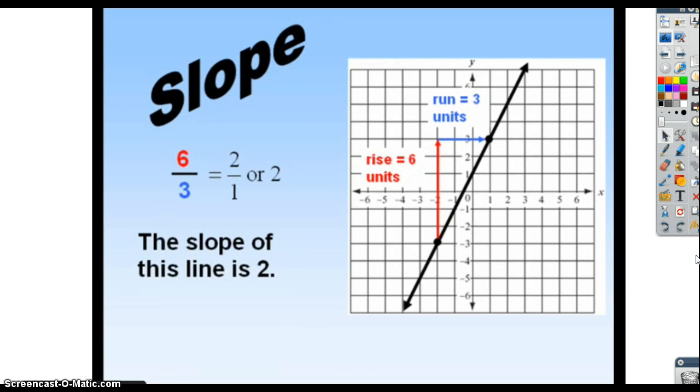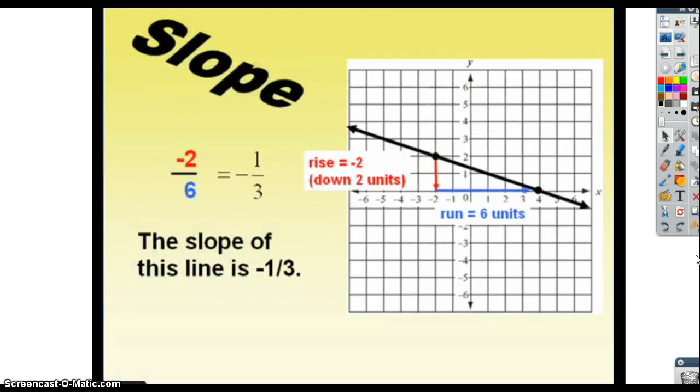Slope is the rise over the run, distance up or down, divided by the distance side to side.